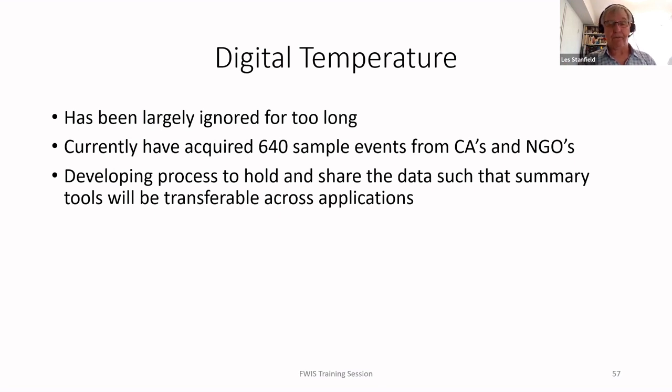We'd like to have a stronger relationship with digital temperature data. Right now, all we have is that historical digital temperature data. The management of digital temperature data in this province is abysmal.